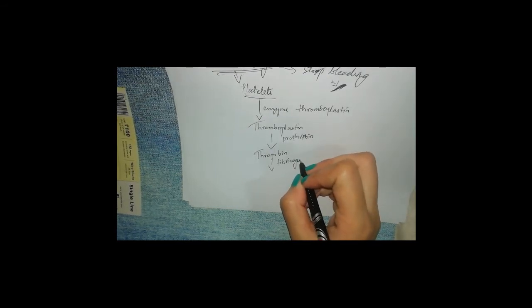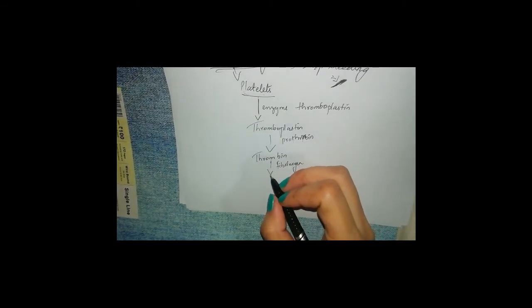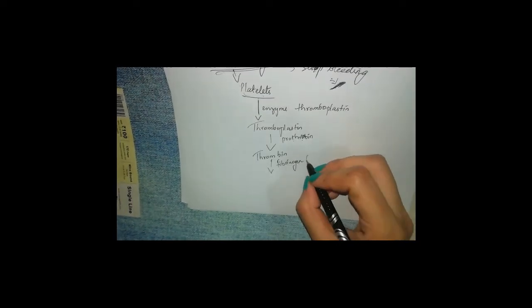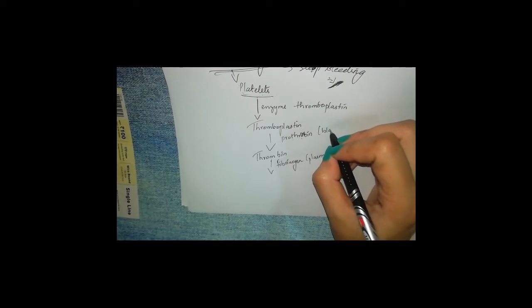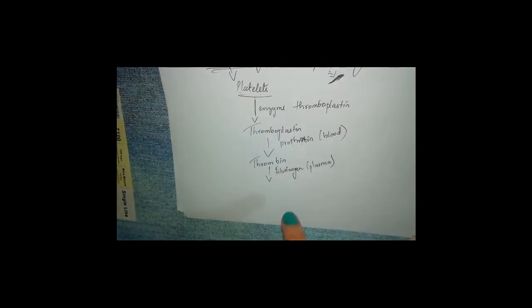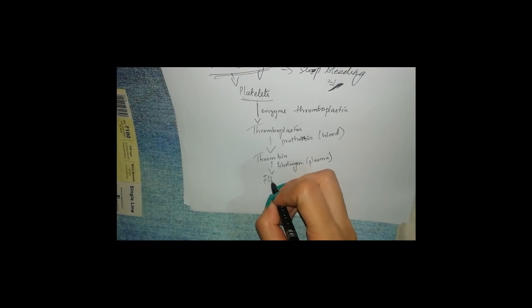This fibrinogen is present in your plasma, which is part of your blood. This thrombin will help to convert the fibrinogen present in plasma into fibrin.